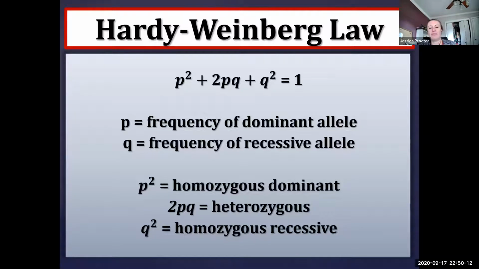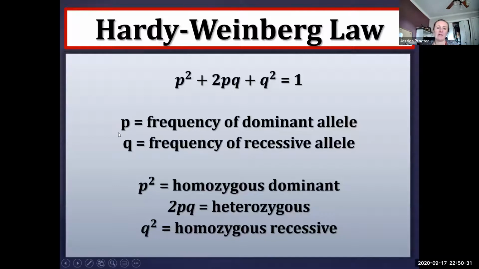So p represents the frequency of the dominant allele within that gene pool. So p and q are talking about the entire gene pool. p represents the frequency of the dominant allele in that gene pool, and q represents the frequency of the recessive allele in that gene pool.